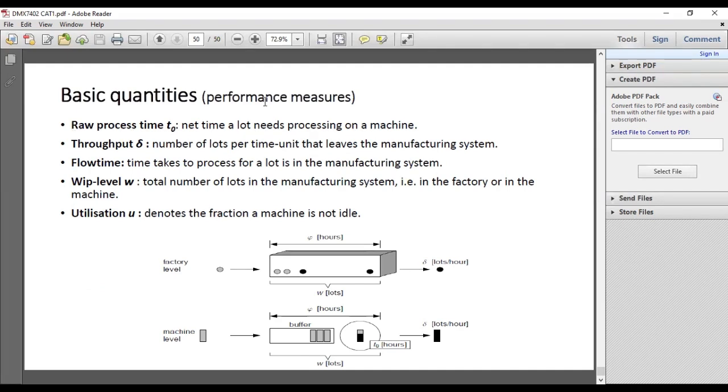You need to know what the key performance measures or key performance indicators are. A few of those are process time, throughput, flow time, and utilization. If you consider the figure as a factory, the part or material goes into the system, is processed inside, and you get the processed part here.